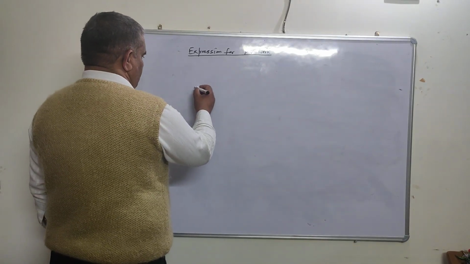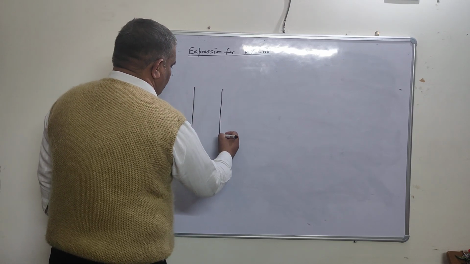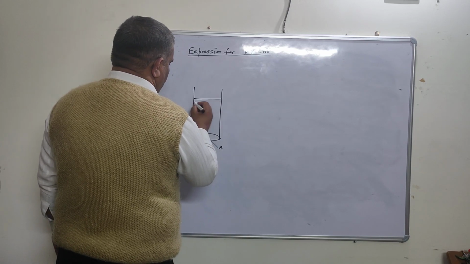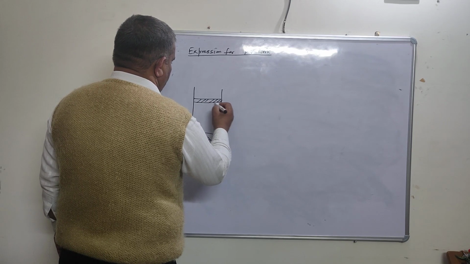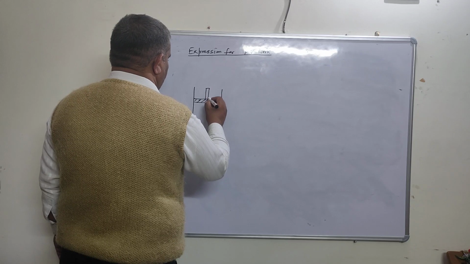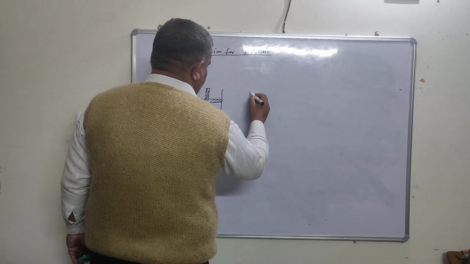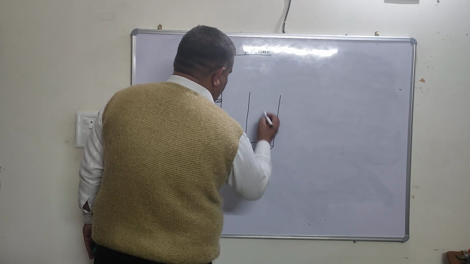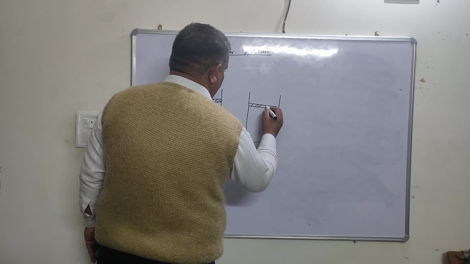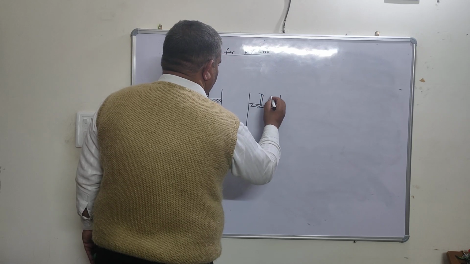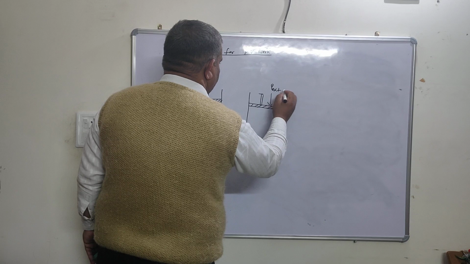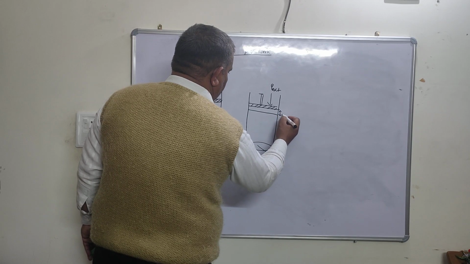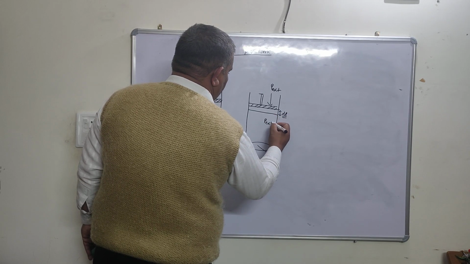This is a cylinder having area of cross section A. This is P external, and this is the displacement dl.